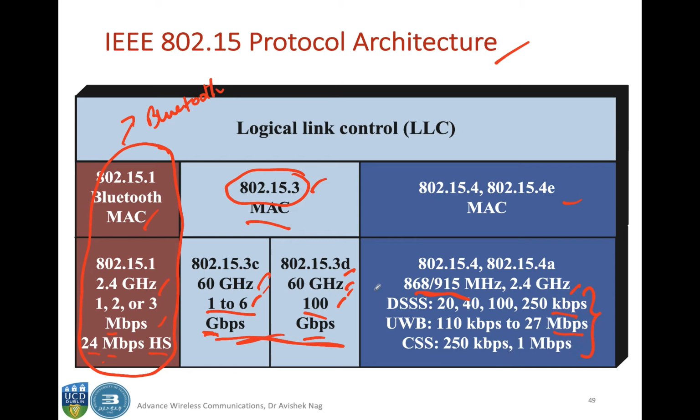With different technologies in the physical layer like DSSS, UWB and CSS, you have different data rates here, but they are still relatively low compared to these, or even the original Bluetooth 802.15.1 standard.